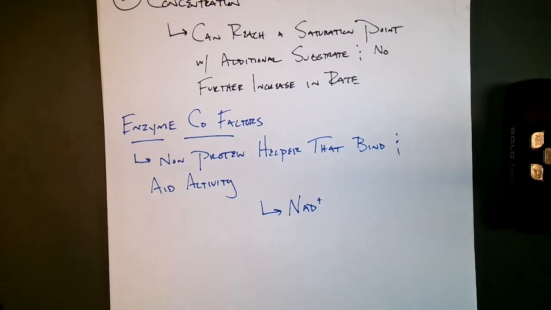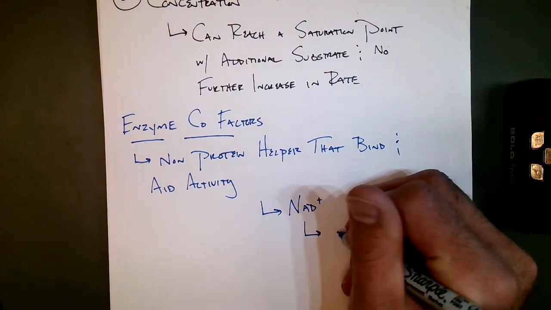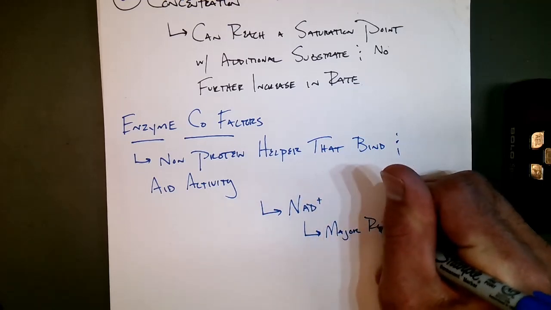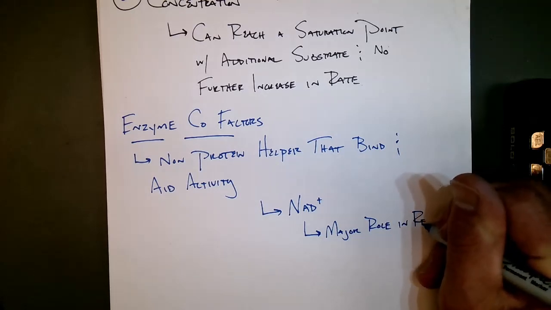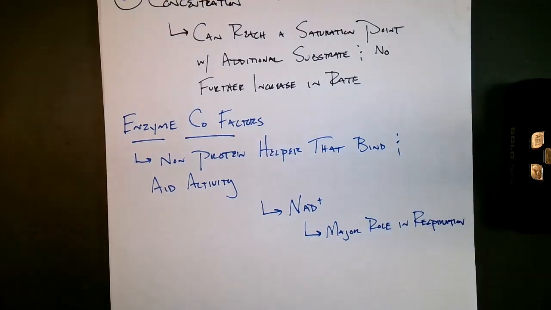It's responsible for taking electrons to the mitochondria, dropping them off at the electron transport chain, and aiding in oxidative phosphorylation. We'll talk about all those themes and ideas later. Again, this has a major role in cellular respiration. So we're going to see that later.